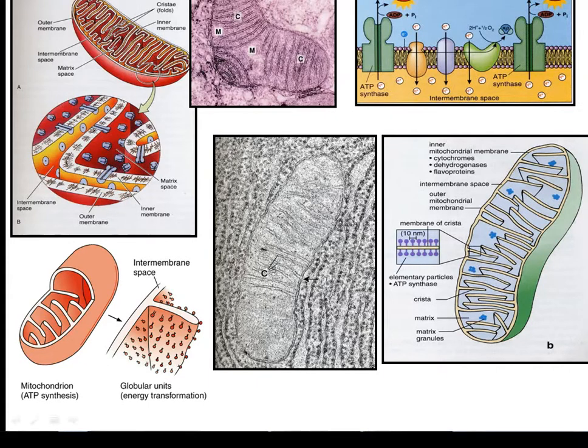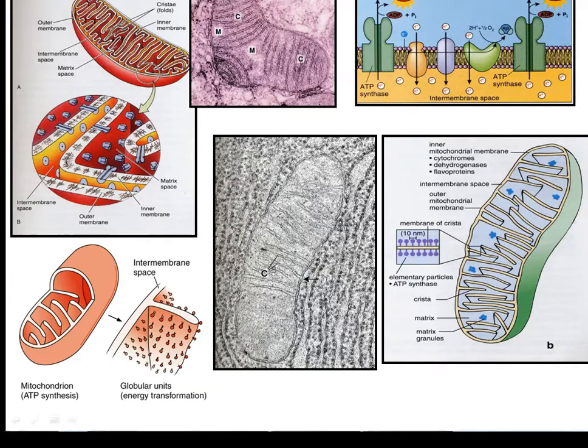Each mitochondrion possesses a smooth outer membrane and a folded inner membrane. The folds of the inner membrane are known as cristae. They increase the surface area of the membrane. The number of cristae is related directly to the energy requirement of the cell.